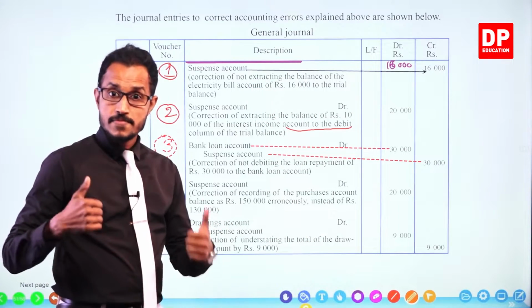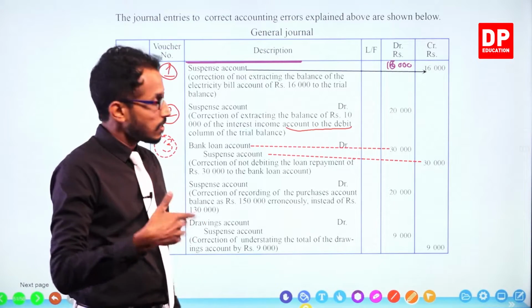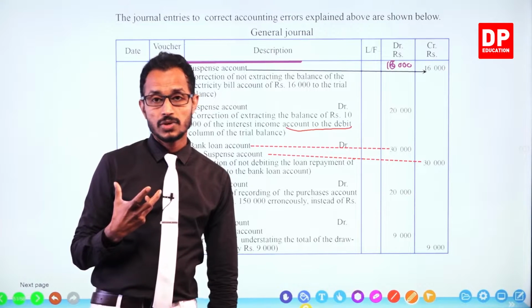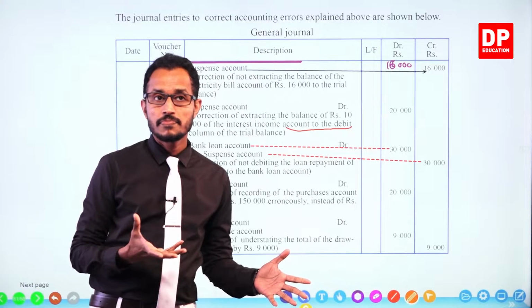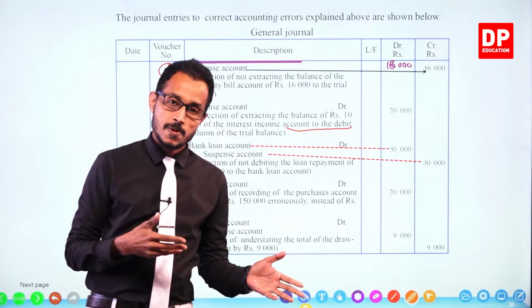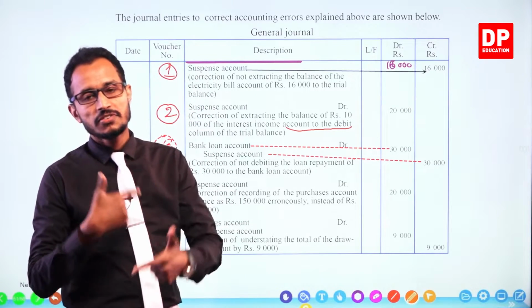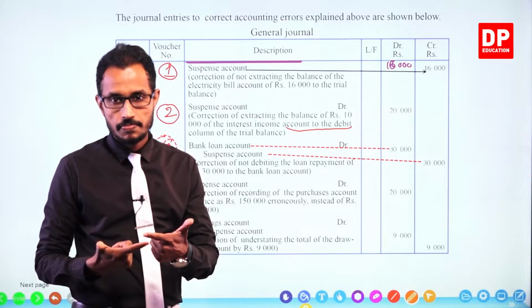Okay. You don't have to draw T accounts or ledger accounts and show how to correct errors. Most of the time in the examination, in the correction of errors question, they are asking to write journal entries only.